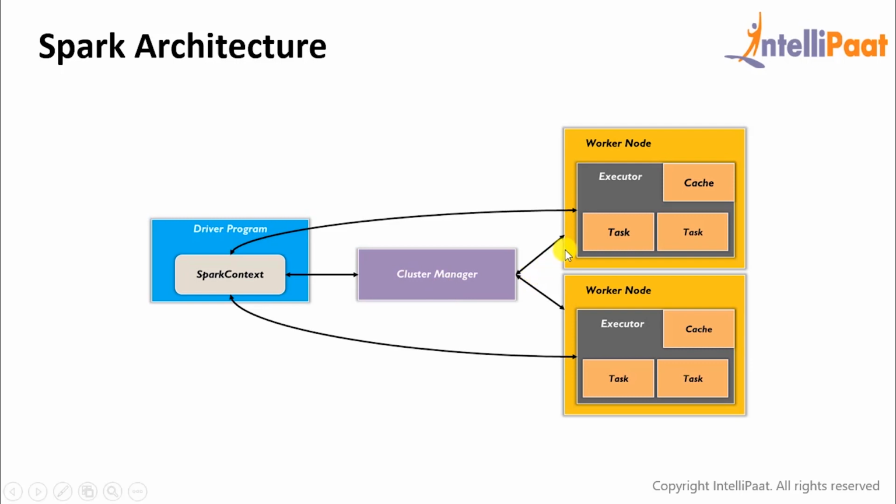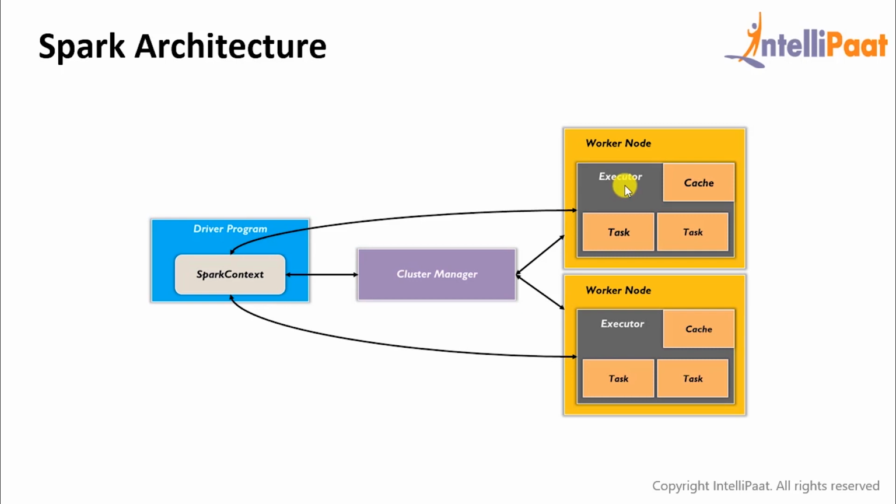Now this job is split into multiple tasks which are distributed over the worker nodes. So these worker nodes are the slave nodes whose job is to basically execute the tasks and return the result to the Spark context. Then we have the executor, which is a distributed agent responsible for the execution of tasks.